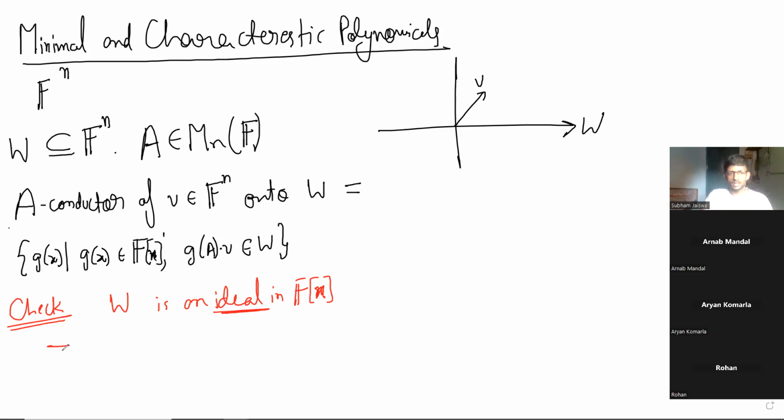And therefore this collection W, after you've checked this, will imply that, and we'll now connect this with minimal and characteristic polynomials. But first, let me ask you this. Okay, so let's just check that it's an ideal ourselves.